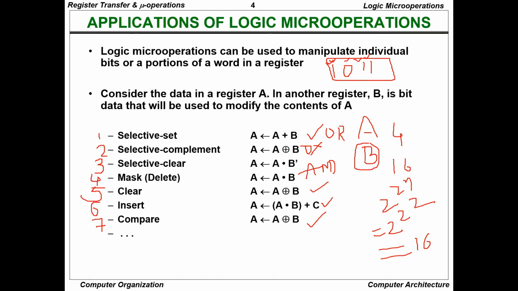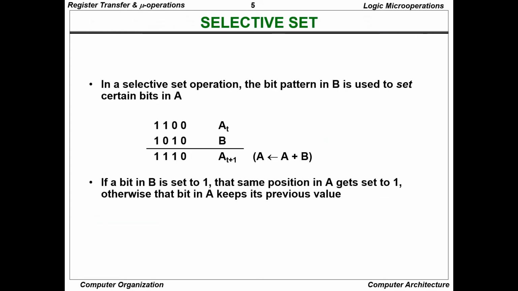So the first one is selective set. What is selective set here? In a selective set operation, remember carefully, the bit pattern in B is used to set certain bits in A. The bit pattern in B is selected in such a way that certain bits in A will be changed.